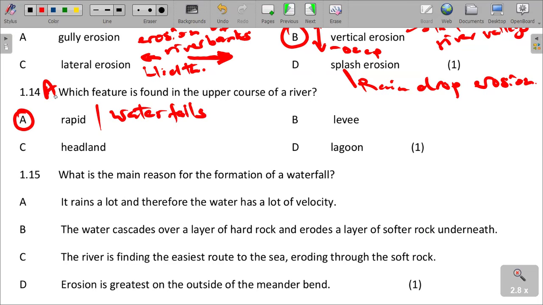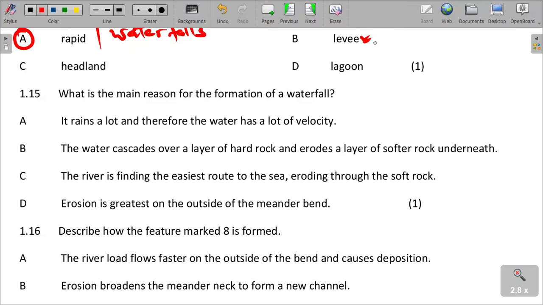Rapids are formed on the upper course of a river channel because of resistant outcrop rocks found on the river bed. Levees are also some form of erosional features that we can find within a river channel.